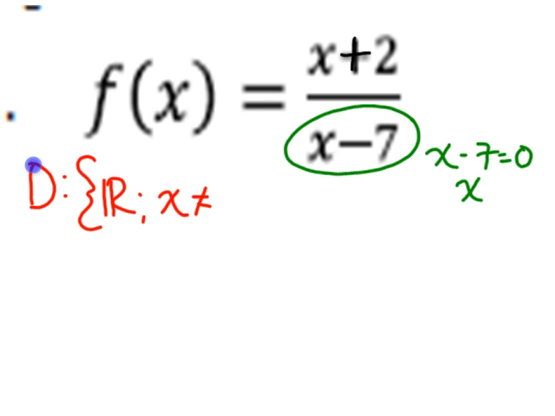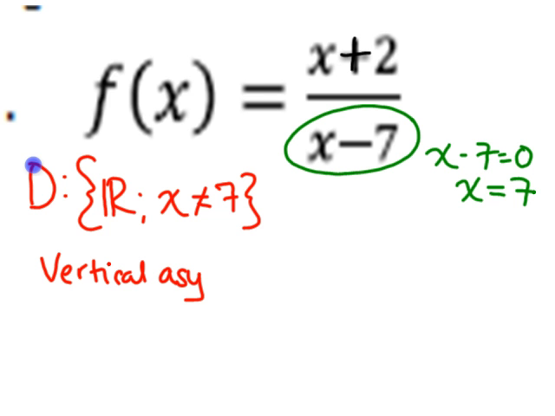So therefore x cannot equal 7. Therefore, our vertical asymptote for this function, x plus 2 over x minus 7, will be at x equals 7.